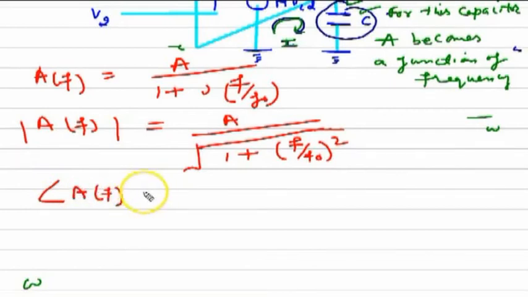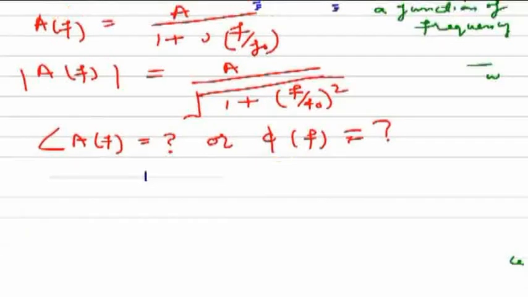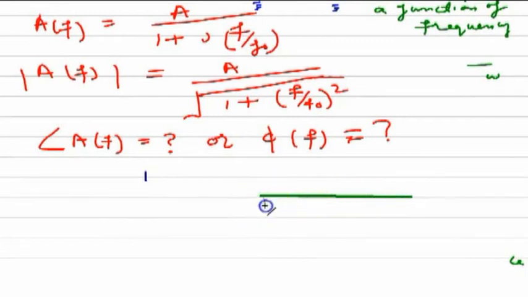On the other side, how do we find the phase angle? A F, the phase angle of the output, which is a function of the frequency. Is it in match with the input, or is there any phase difference between input and output?